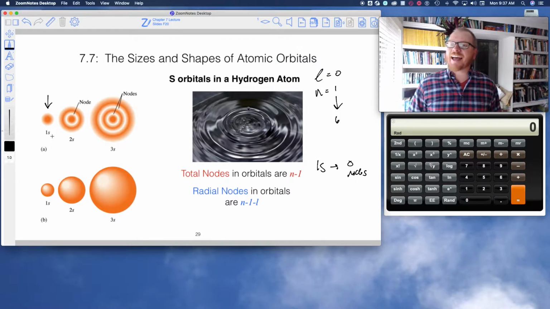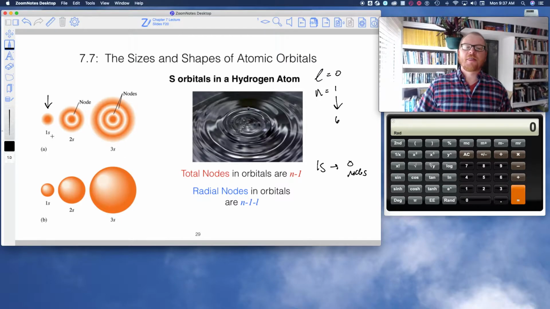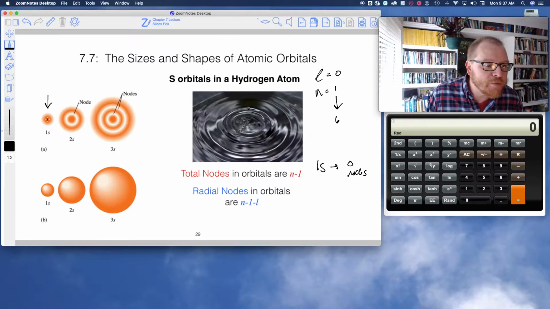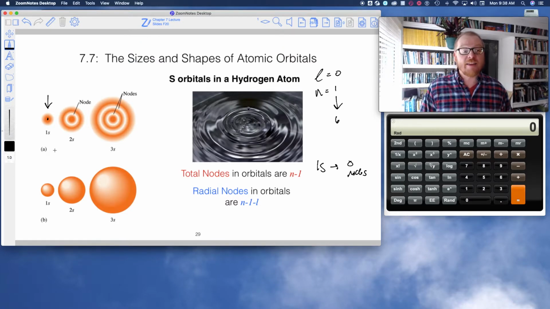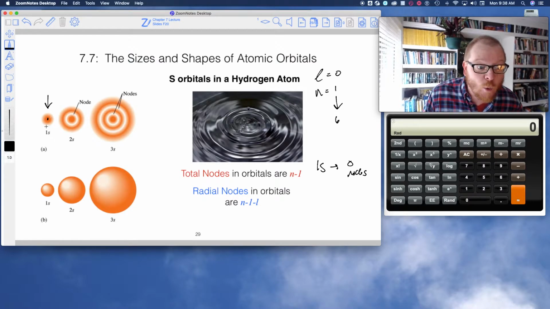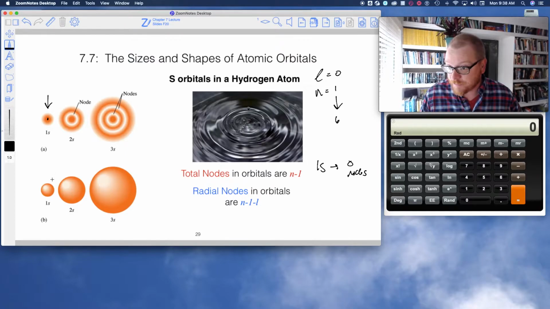And within that sphere, within that three-dimensional sphere, that represents the probability of finding the electron, okay? So for example, if my nucleus is right here in the center of that 1s orbital, then it is likely to find the electron anywhere in this orange region, okay?